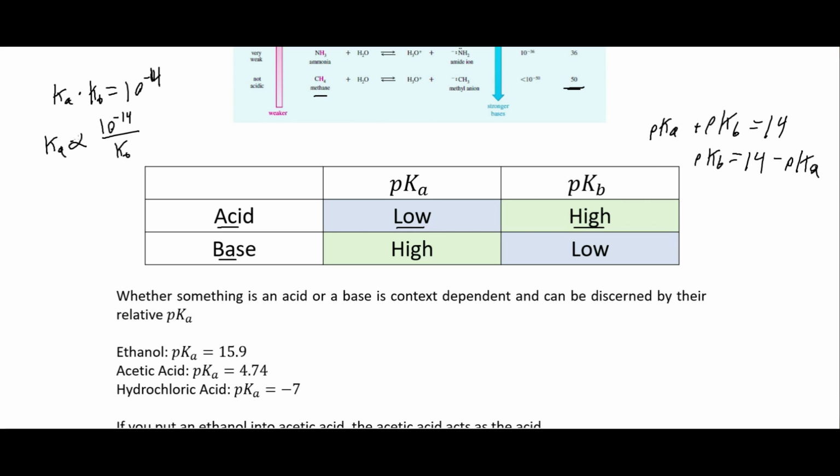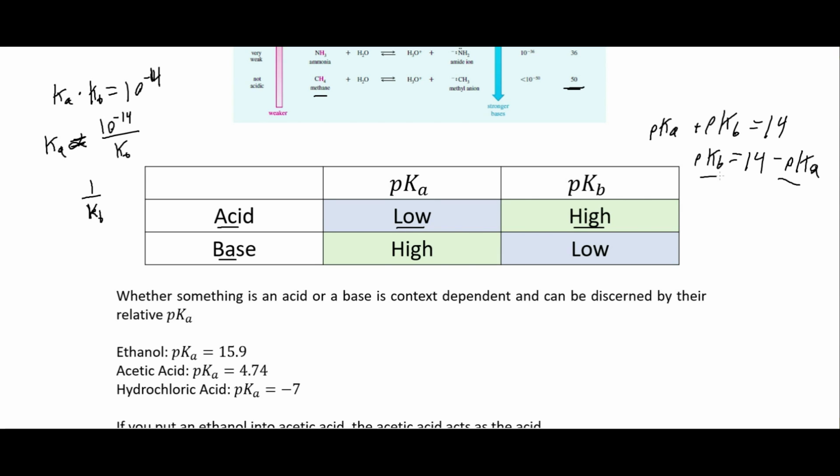And so it's proportional to 1 over Kb. Similarly with the pKa and pKb, because this is negative and this is positive here, these things are inversely proportional.